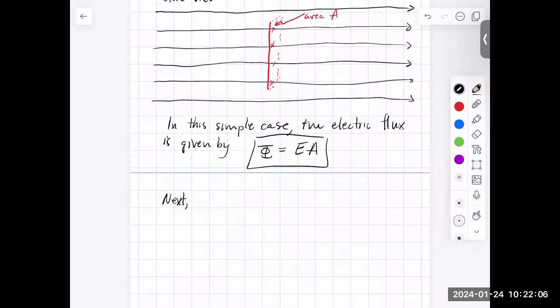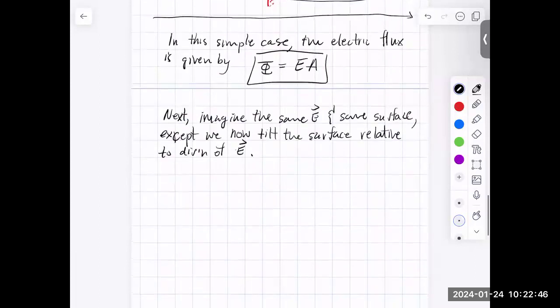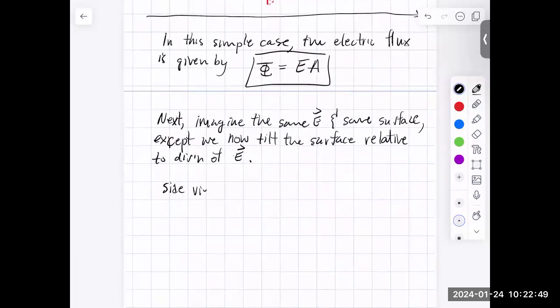So next, imagine the same electric field and the same surface, except we now tilt the surface relative to the direction of E. Okay, so we'll do the same side view, and we'll draw the same electric field configuration.